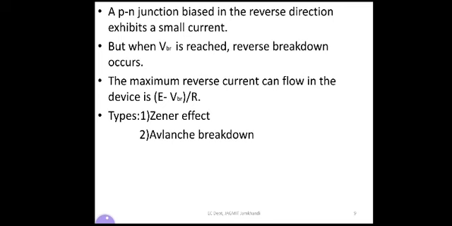The Zener effect operates at low voltages, up to a few volts of reverse bias, whereas avalanche breakdown occurs at higher voltages, from a few volts to thousands of volts.